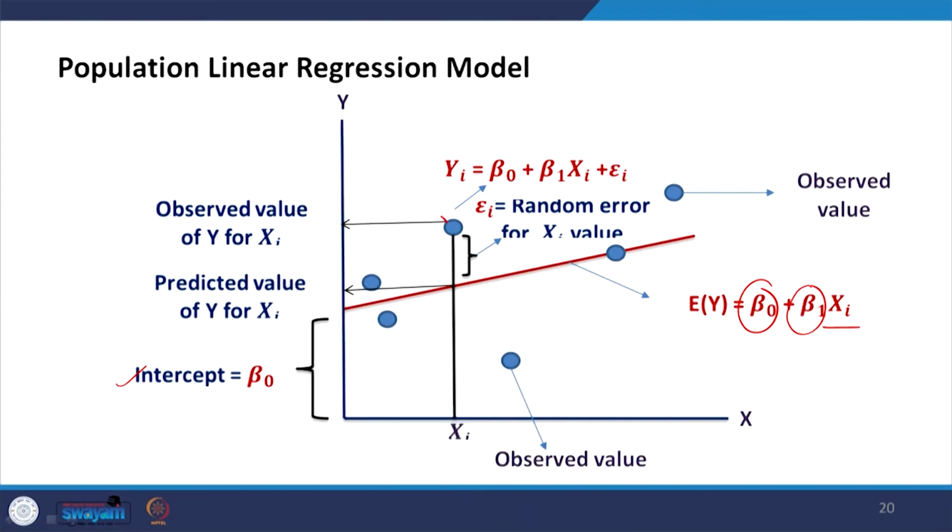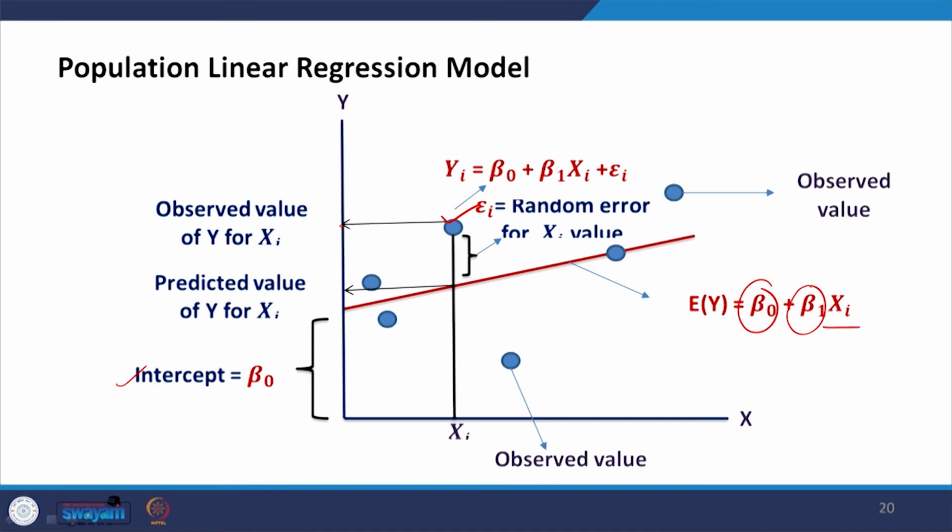Epsilon i is the error term we already discussed. Since we have started discussing the sample, these are called observed values. Try to understand one point here. Suppose I pick up this particular point. This indicates the value of y at this point, and also a value of x.